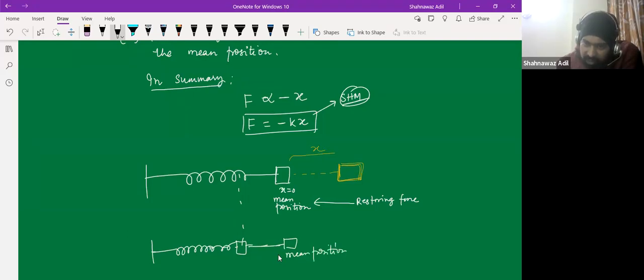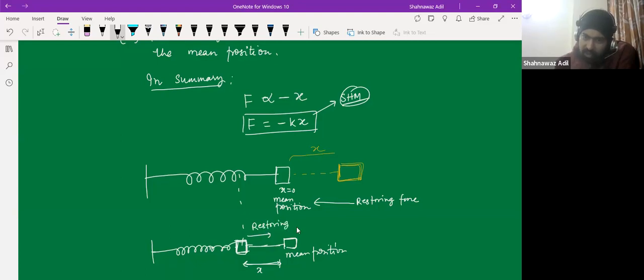Where would this restoring force act? In which direction? Right. This is the mean position, here we have compressed, so the force would be to the right. We will correct it in the first place.